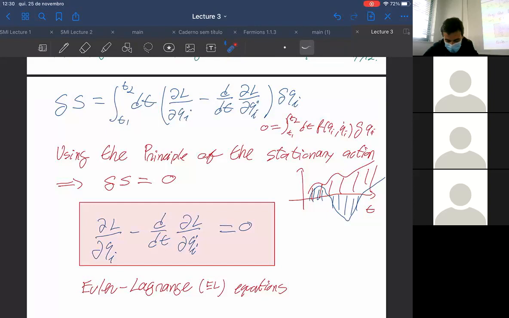But the thing is that the way you define the Lagrangian itself, it can only work when this holds. Exactly. If it's a positive definite function, this is clearly the case.